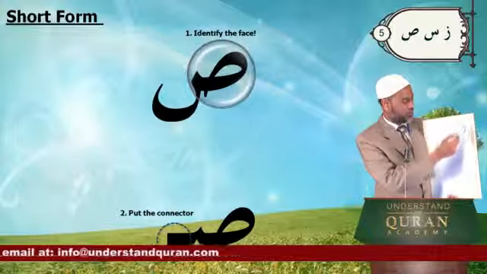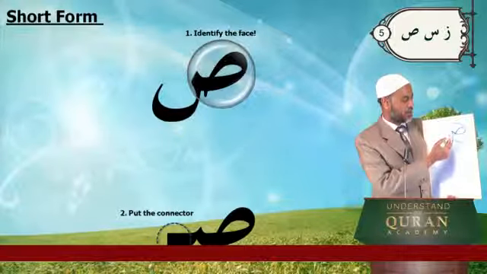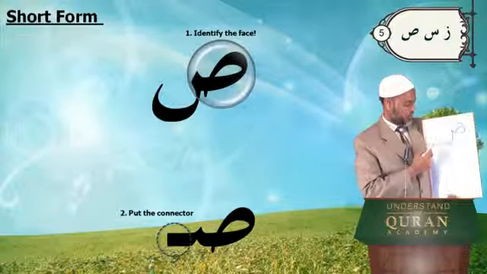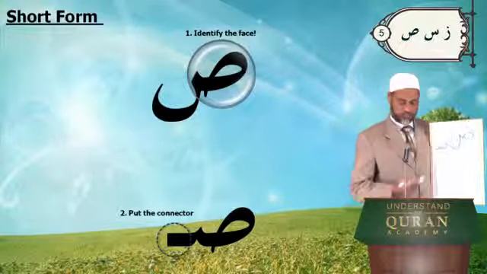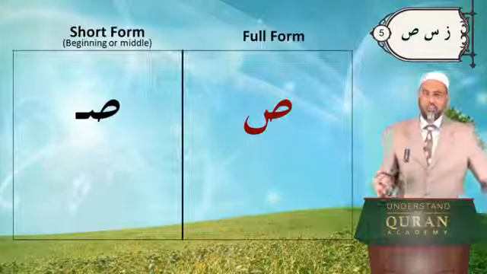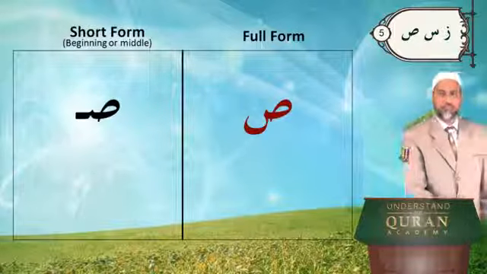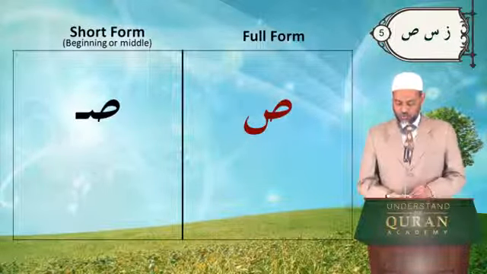That's why I'm telling you, draw the tongue here and come a little bit out of that shape and then come down. And the short form will be the same tooth here after this tongue shape, and then the connector. So you see the full form and the short form of the letter Sad.